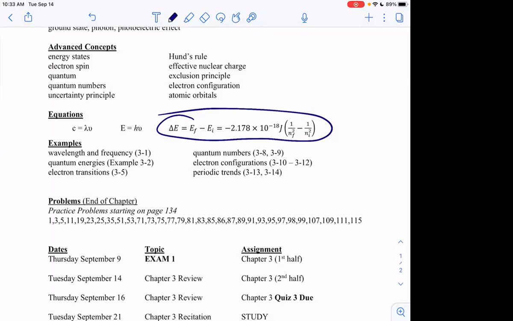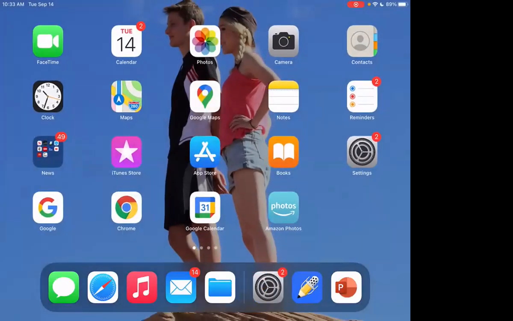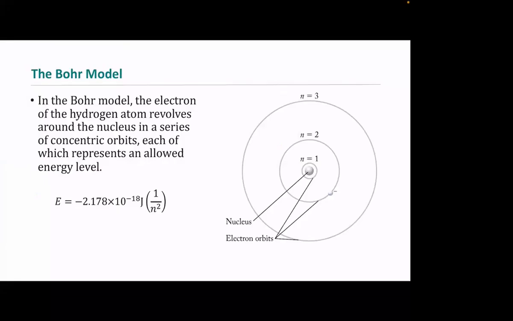The constant is still there, and it's just that f means final and i means initial. So it's really not much of a change from the equation you just saw in the PowerPoint slides. You're just making it a change in energy between energy levels.